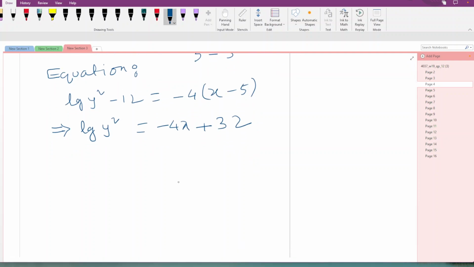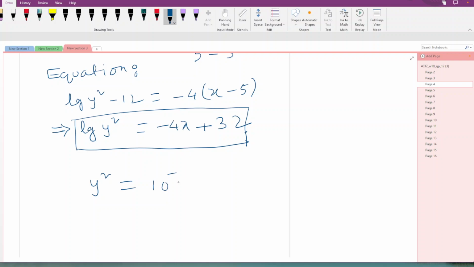Now, lg means log to the base 10. If I write this expression without logarithm, it gives y squared equals 10 to the power minus 4x plus 32.